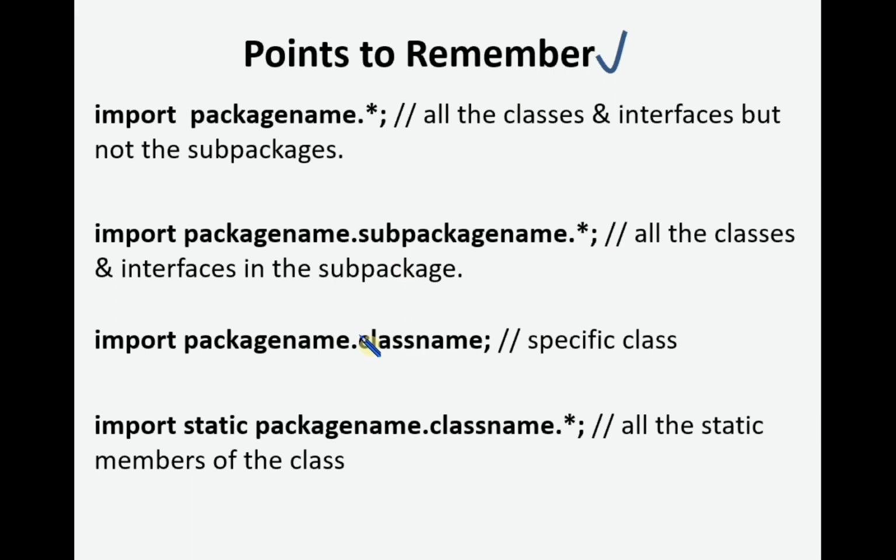Suppose you want to import a specific class, we can use the statement import package name dot class name. Suppose I want to import only the static members of the class, here we can use the keyword static: import static package name dot class name dot star.